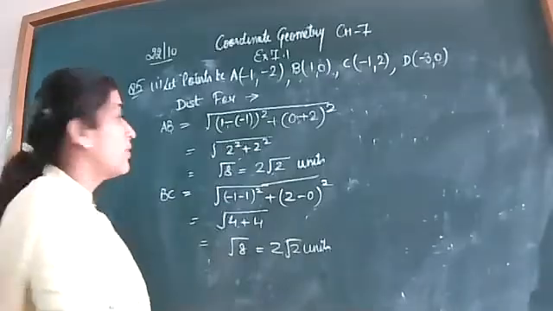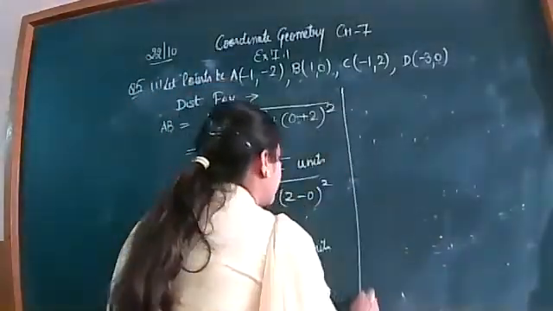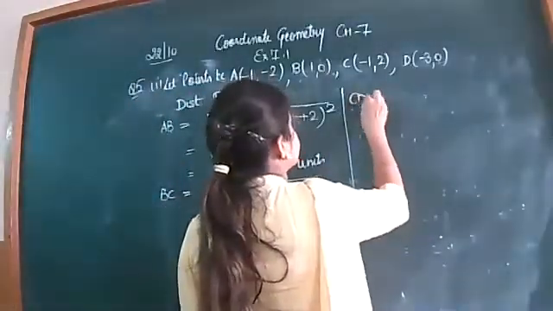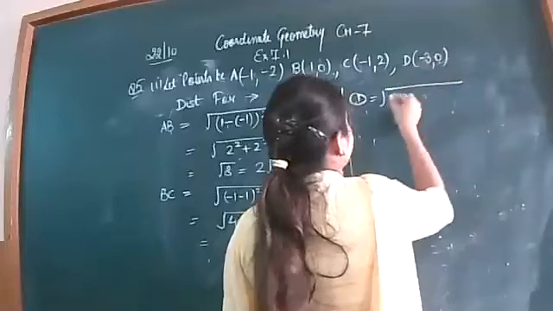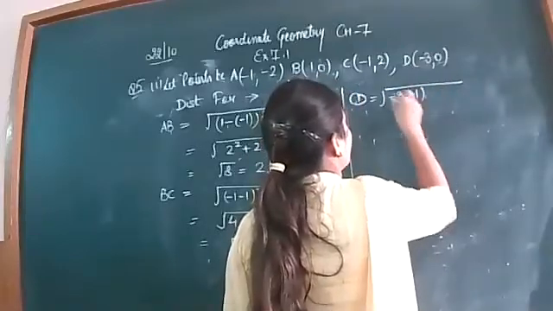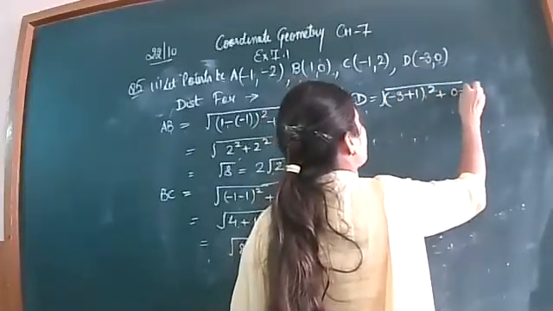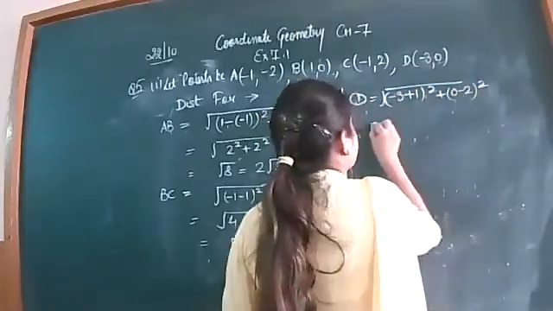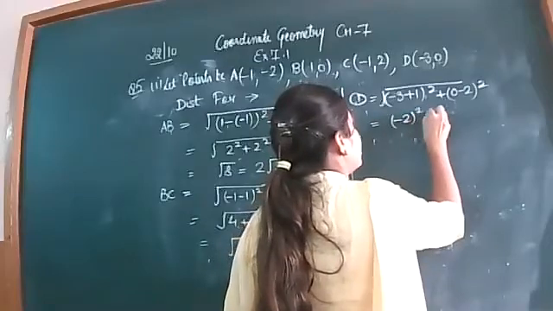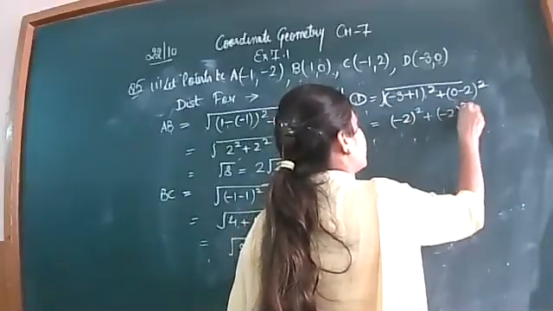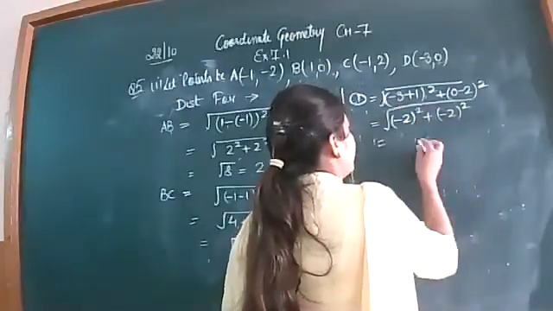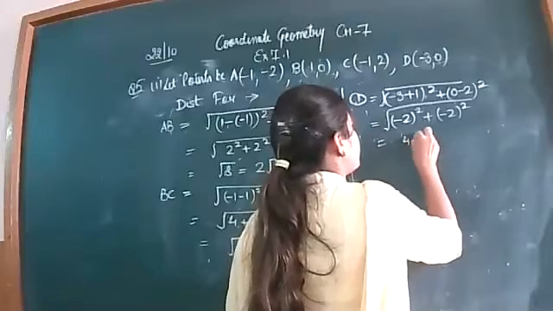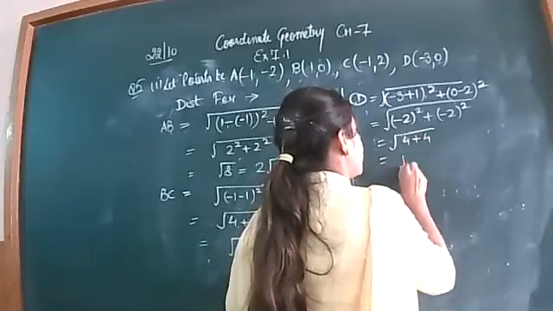So after this, you will find the length of CD. CD will be given by minus 3 plus 1 whole square plus 0 minus 2 whole square. That is again minus 2 square plus minus 2 square. That is 4 plus 4. That is 8.